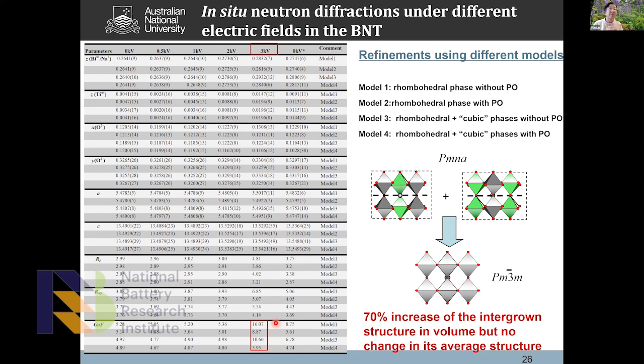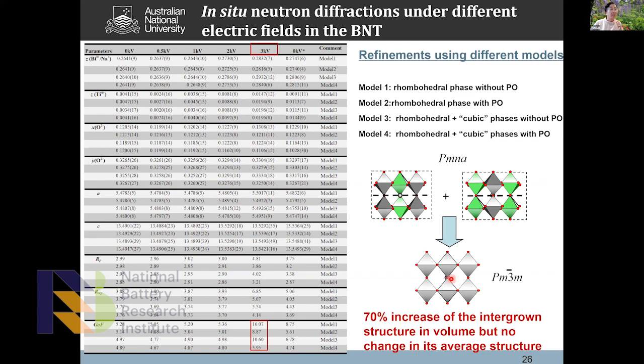However, locally you can have this kind of structure and this structure, each looking like an individual Cm and Aa space group, but you can combine them together because both cases occur, and then we can take them as the average cubic Pm-3m structure. So we assume that the contribution of this local structure can be described by this cubic structure.